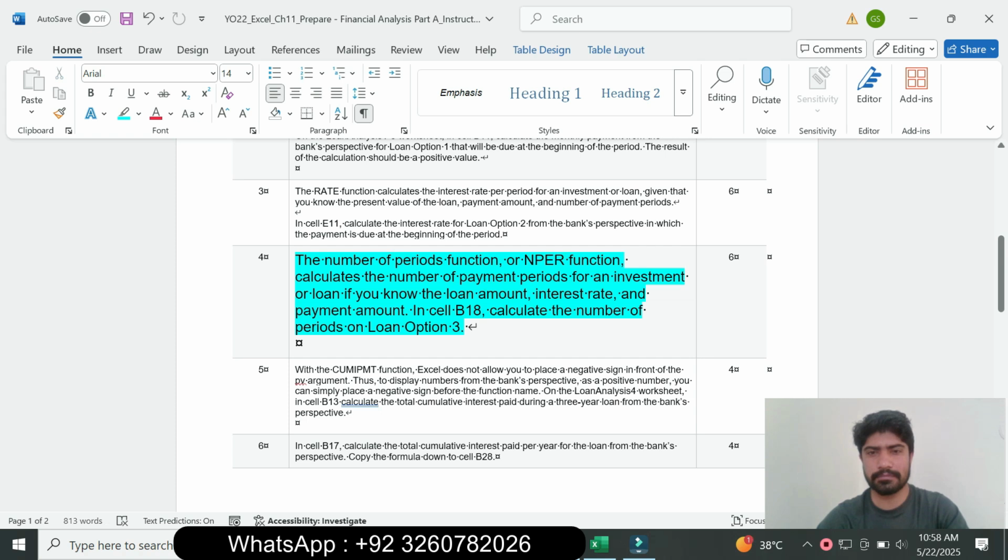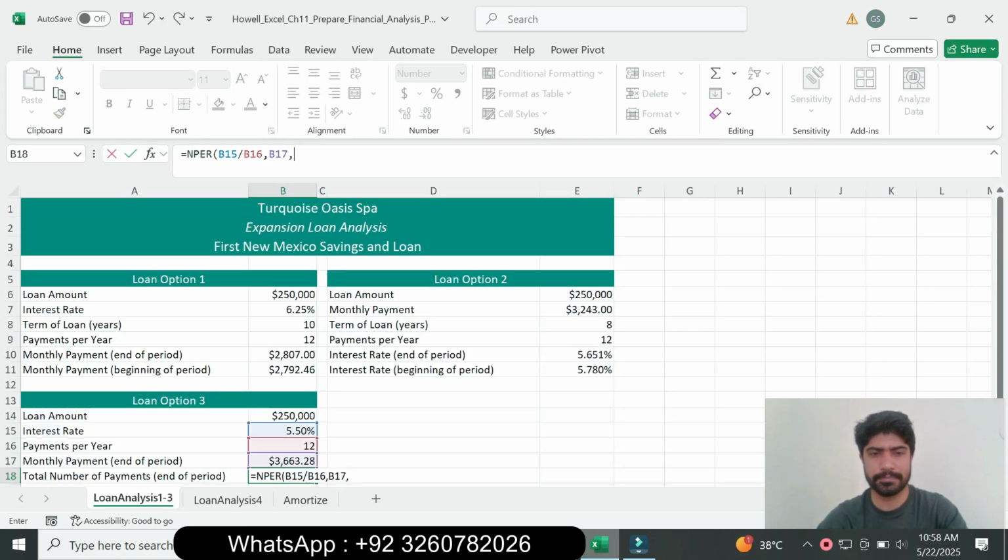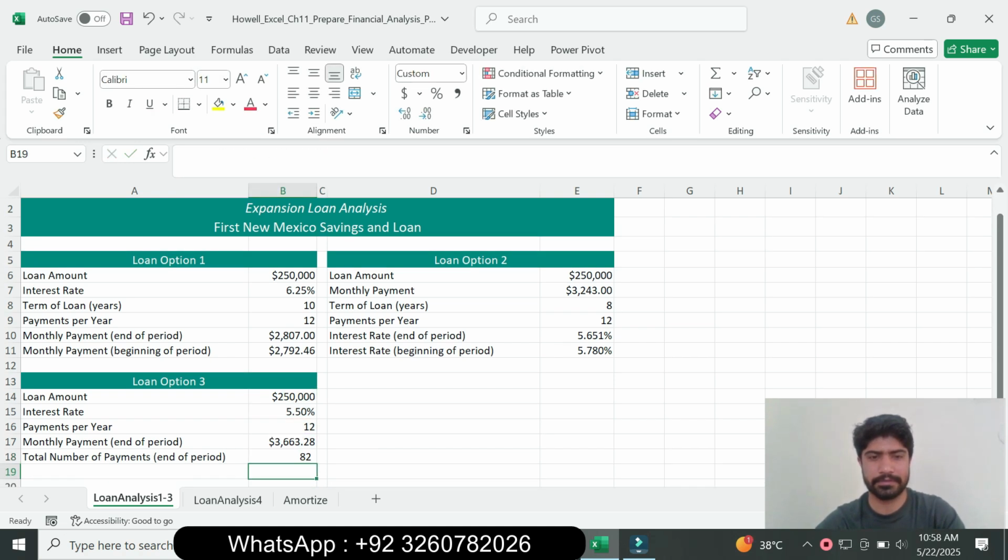B14 is the loan amount, type the minus and close bracket and press enter.